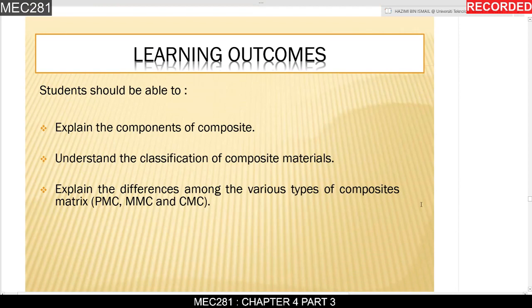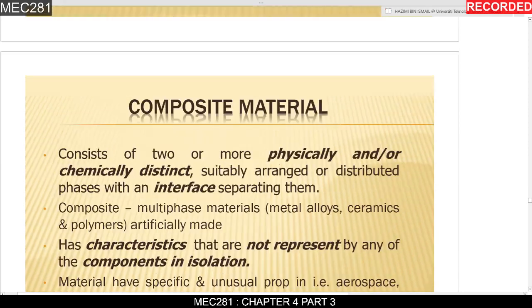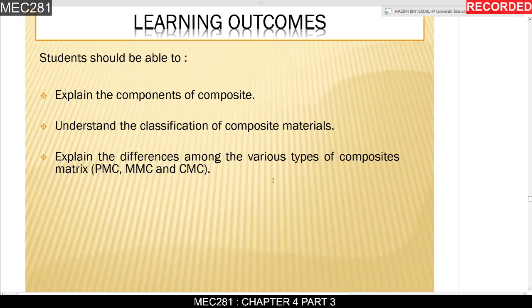At the end of this video, you should be able to explain the components of composite, understand the classification of composite materials, and also explain the differences among the various types of composite matrix, short form PMC, MMC, and CMC. So at the end of this video, at least you should be able to comply with all these outcomes.